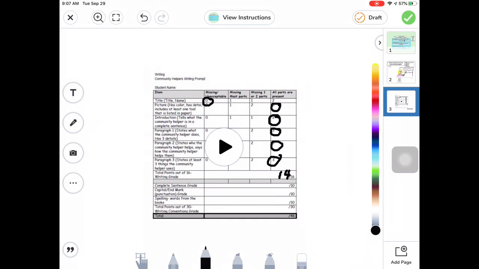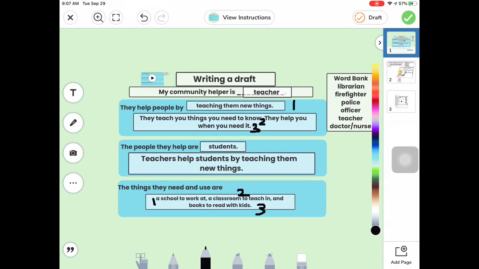Then I have a complete sentence grade. So is everything written in a complete sentence? No, because I can see right here, I'm missing the word a. The community helper is a teacher. So that is not going to be a complete sentence.